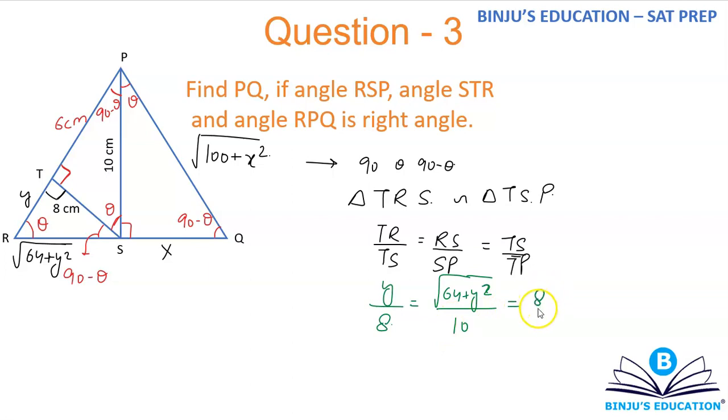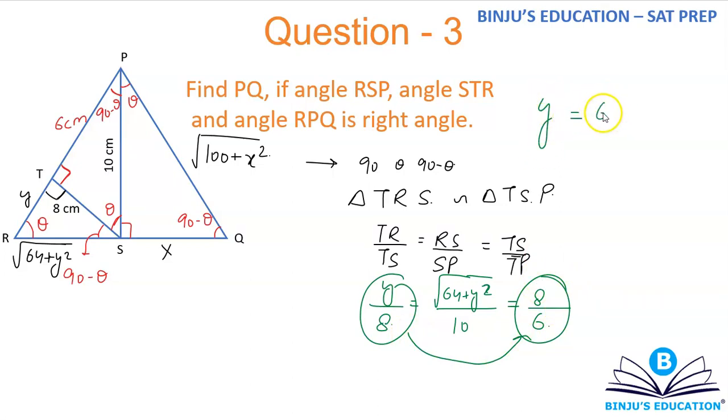TS is also equal to 8. And what is equal to TP? TP is equal to 6. So using this relationship, I can calculate the value of Y. I can use this and this. So Y will become 64 by 8 into 8 is 64, 64 by 6, which is 32 by 3.